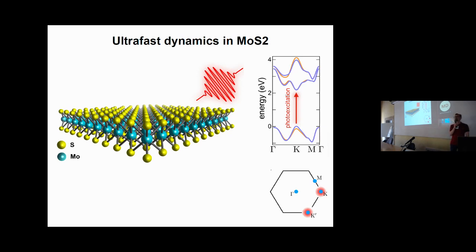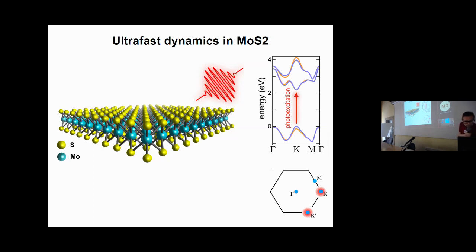You know that this material is a little bit the holy grail of transition metal dichalcogenides, probably the most studied material in the last 10 years. So let's see what happens with NECF in this case.